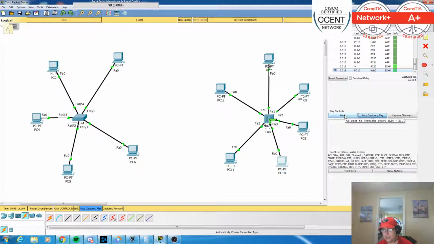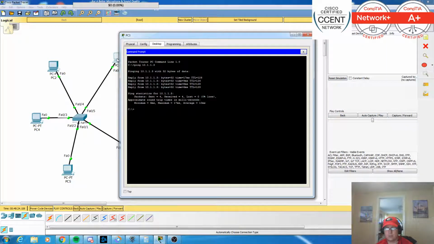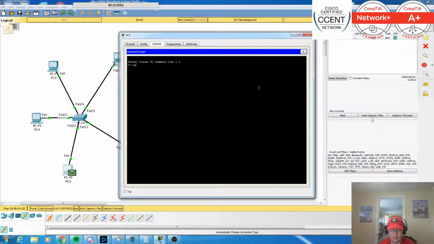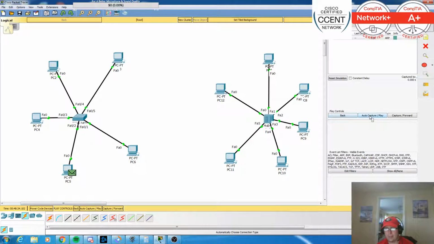So what I want you to understand here now, can the same happen on a switch? Let's see. So let's go ahead, let's reset the simulation. On here, we're going to ping 10.1.1.3. And then over here, we're going to ping the same 10.1.1.3. Now let's see what happens on the switch.